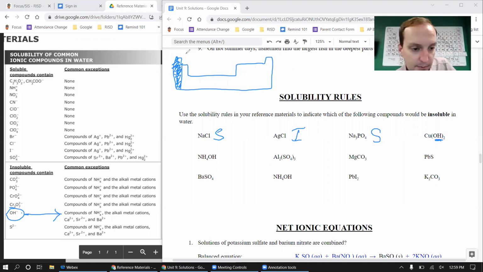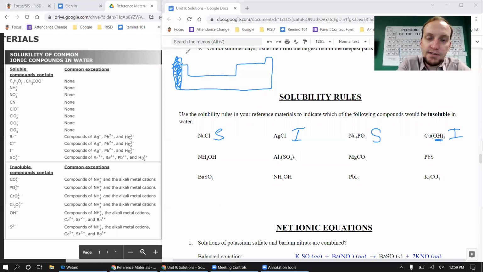Copper is definitely not ammonium, calcium, strontium, or barium, but is copper a group 1 metal? No, it's not, because copper is located somewhere way over here, not here. So therefore, it is not one of the exceptions. So the hydroxide will make it insoluble. It will not dissolve.